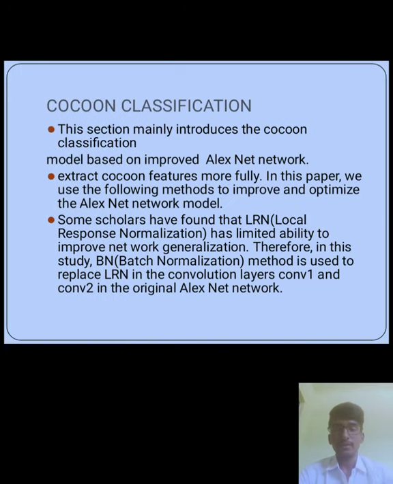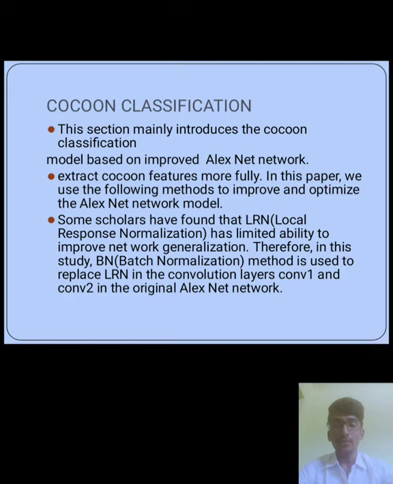Cocoon classification. This section mainly introduces the cocoon classification model based on the improved AlexNet network, to extract cocoon features more fully. We use the following method to improve and optimize the AlexNet network model.